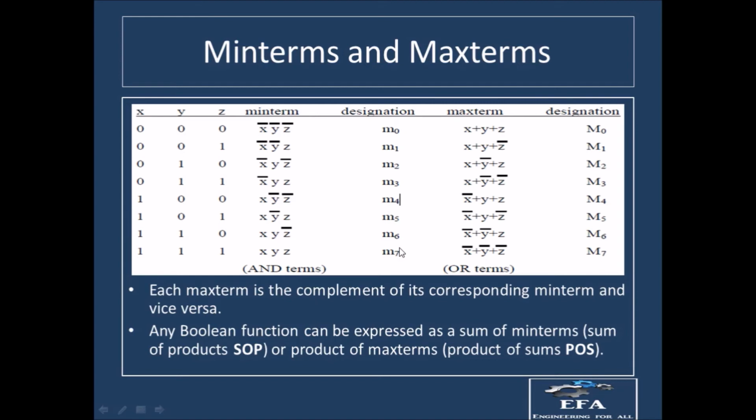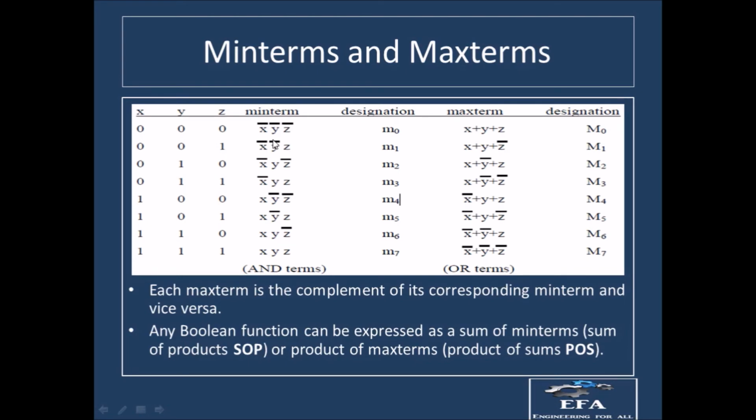Okay, now when we talk about the POS type of expression, POS is exactly the opposite of the SOP. Wherever there are 0, 0 and 0, we will not be having any complements on x, y and z. Complements will be there only where we are having ones.